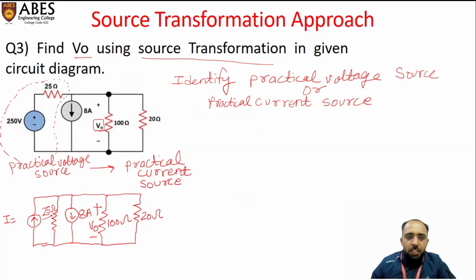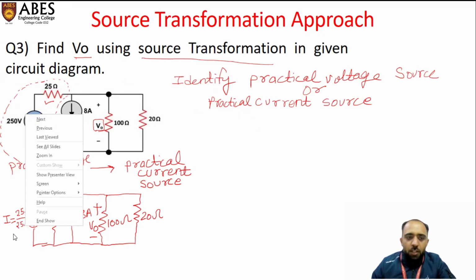This resistance value will be the same, 25 ohm. We know the concept. And this current value will be the 250 volt divided by 25 ohm.